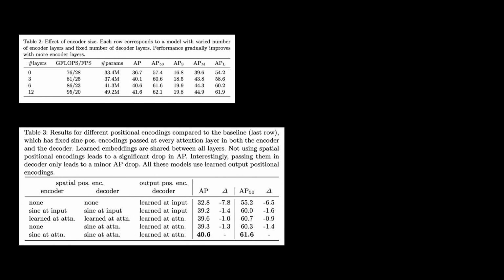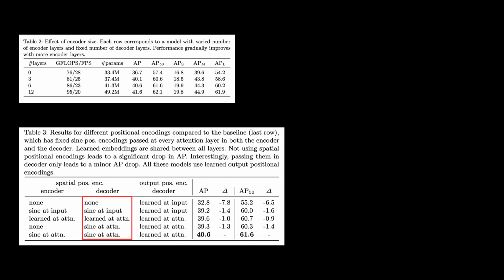Second is regarding positional encoding. For spatial position encoding, that is positional embedding for image features, the authors experiment with 4 variants: not having them at all, using fixed sinusoidal position embedding but just at the input, using fixed sinusoidal position embedding at the attention layers, and learnable position embedding at the attention layers.